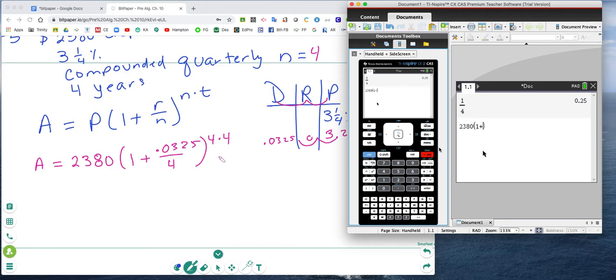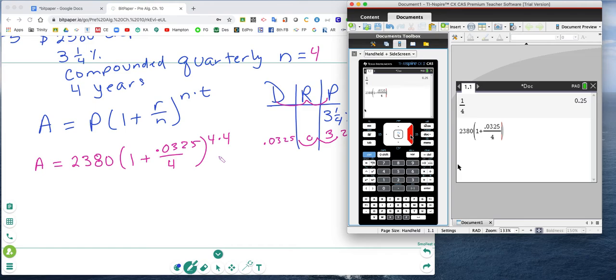So let me go back in and put in my control divide. There's my fraction, 0.0325. My denominator is 4, compounded quarterly.